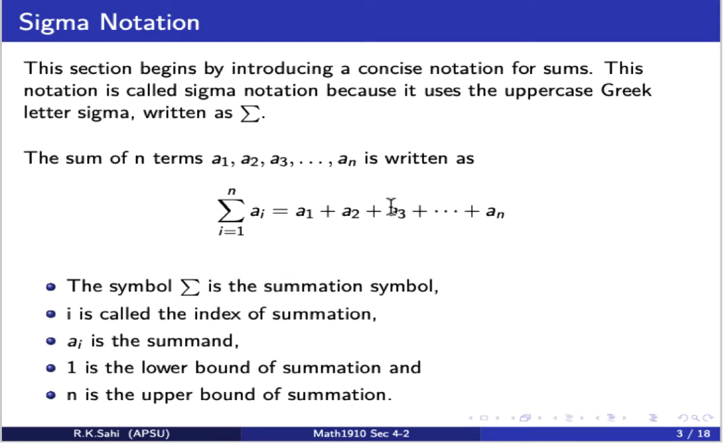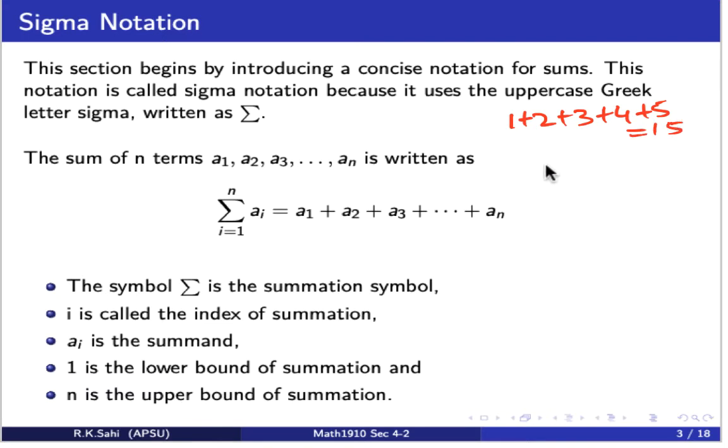Okay, so let's look at a very simple example first to get the idea of what we are looking at. Suppose I want to add, say, 1 plus 2 plus 3 plus 4 and 5. Now that's easy to add, right? So it's 15. Okay.